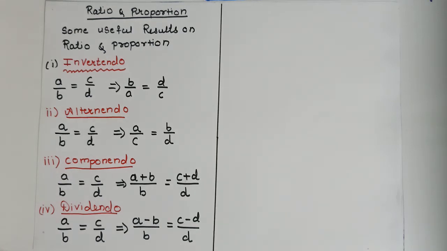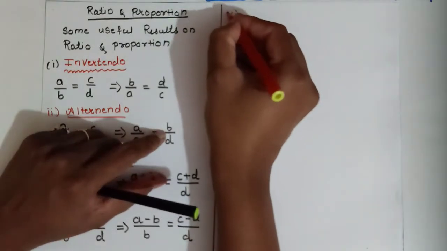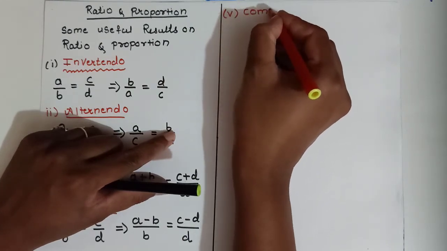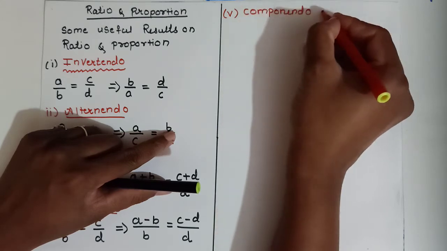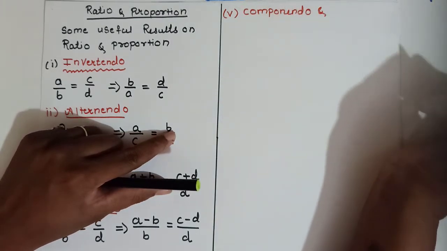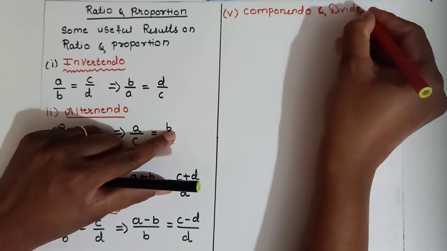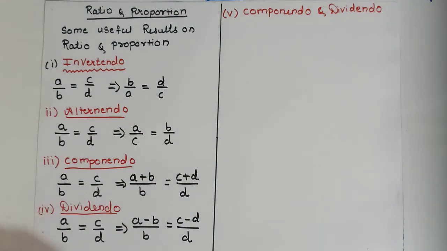Now let's see the next property, which is the last property, called componendo and dividendo. The name itself tells you that it is a combination of two properties, componendo and dividendo.